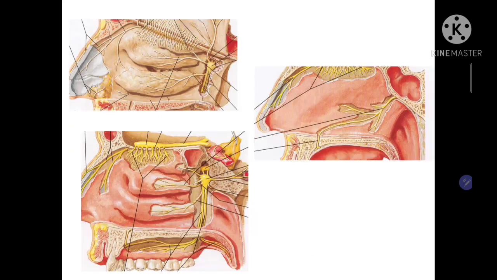So now let's talk about the innervation. You see the innervation of the nasal cavity. Easy. The sensation of smell here is the olfactory nerve. This is the first cranial nerve. These small branches are microscopic fibers. They go up, and after they cross the lamina cribrosa, they make the olfactory bulb.